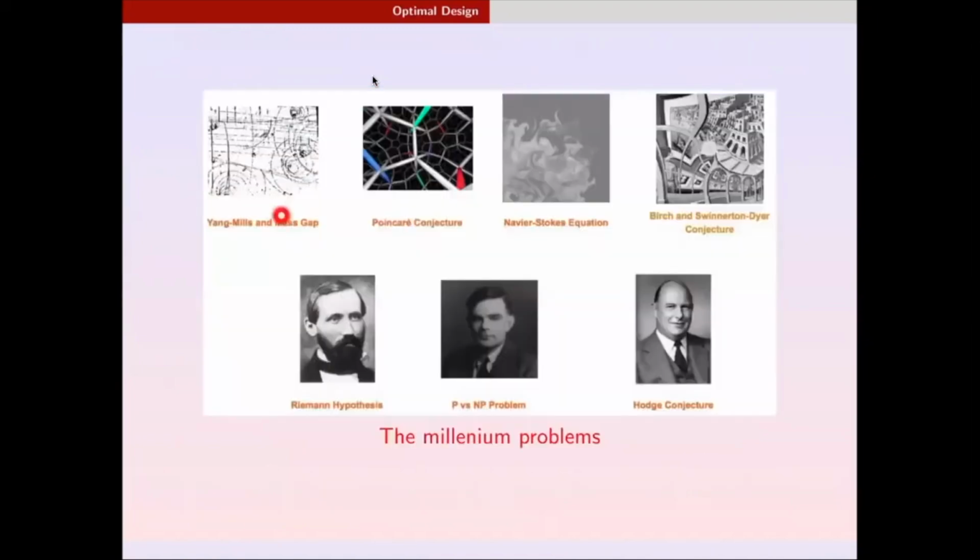Because when you look at the millennium problems of the Clay Foundation, you realize that out of the 7 millennium problems that were defined by the Clay Foundation as the main challenges of mathematics for the 21st century, only the Poincaré conjecture was solved back in 2006 by Grigory Perelman.